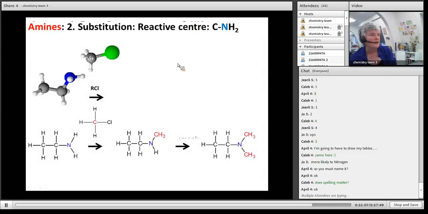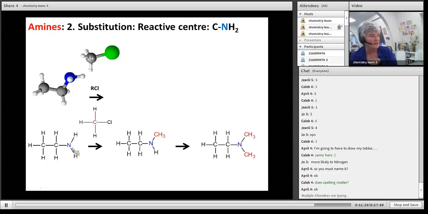Okay, and then just like oxygen can go and attack something else, the same thing with the nitrogen, and we saw this already under the haloalkanes. Remember we said haloalkanes react with amines to form secondary amines? So we've come across this reaction before.